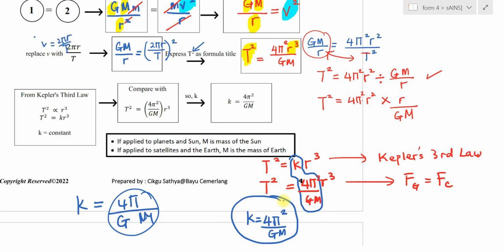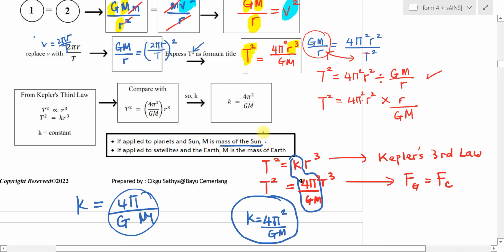Right. So, simple saja. T square equal to KR cube is a simple formula. K tu constant, dia boleh bawa dia punya value 4 pi square over GM. Okay. And remember, this M can be interchangeable. If applied to the planet and the sun, the big letter M is always the mass of the sun.